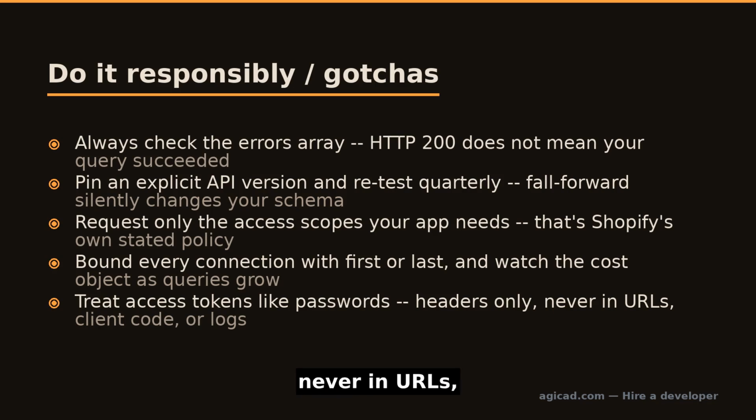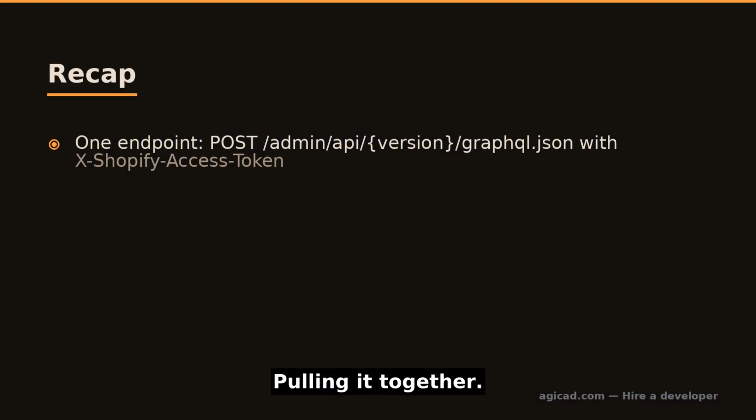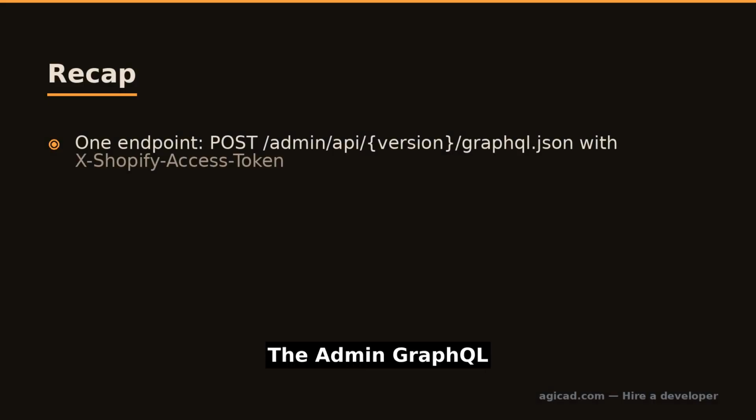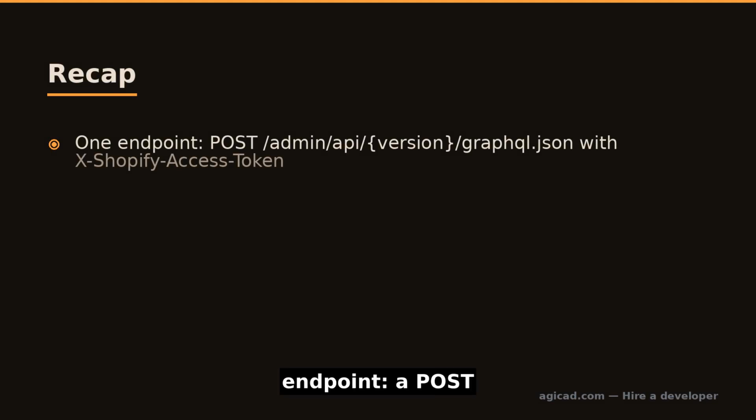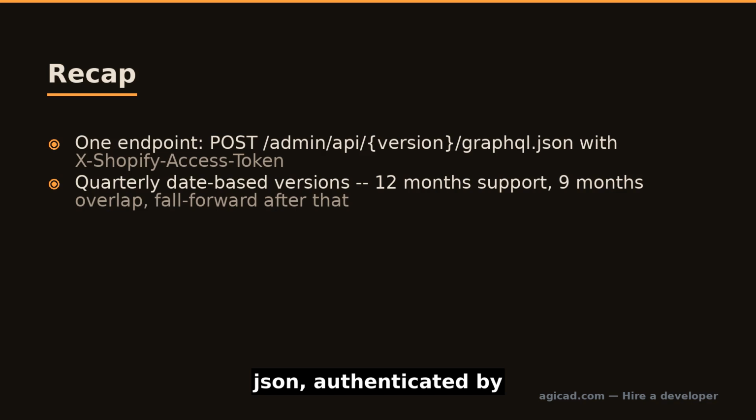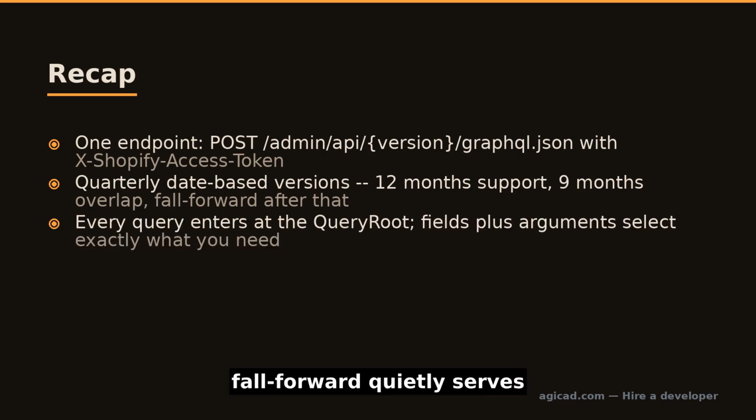Pulling it together. The Admin GraphQL API is one endpoint, POST /admin/api/{version}/graphql.json, authenticated by the access token header. Versions are date-based and quarterly, each supported at least 12 months with 9 months of overlap, and after that, fall-forward quietly serves your requests from a newer version. Every query enters the schema at the query root, and fields with arguments select exactly the data you need and nothing more.